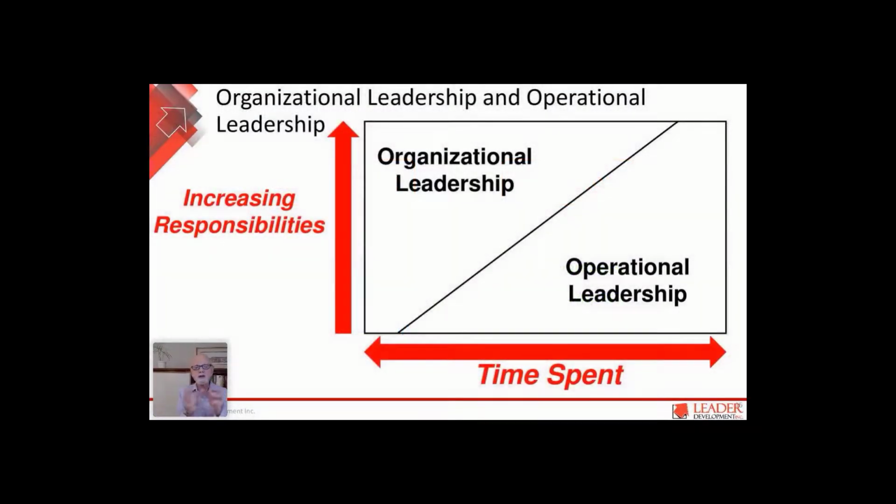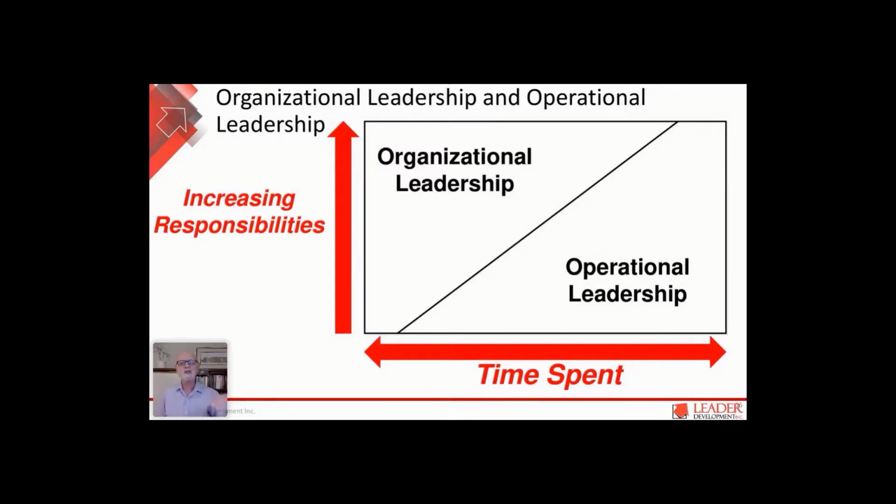When you think about the first 2, organizational leadership and operational leadership, there's a real tension between these 2. And the reason there's a tension is because we typically start out in our careers in a very operational leadership role. And the bulk of the time that we spend, and that's the bottom of that rectangle you see, the entry-level positions in terms of leadership responsibility tend to be much more operationally focused.